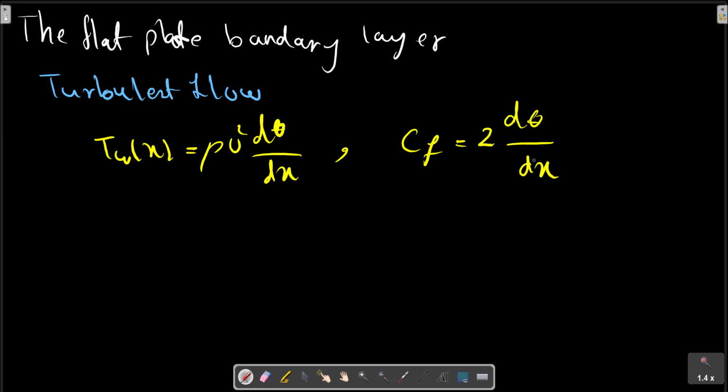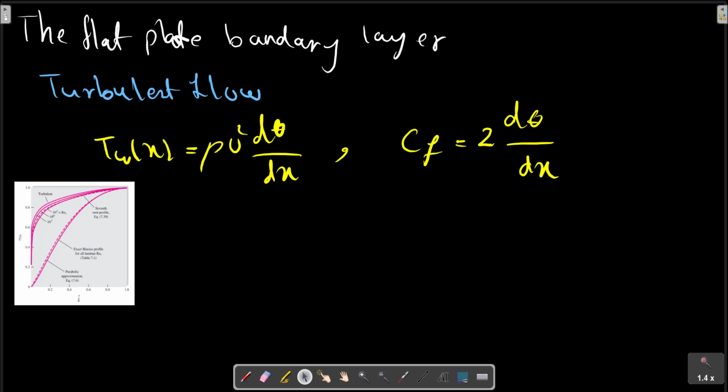Now, if we consider the figure for the turbulent flow profile as this provided picture, the turbulent profiles are nowhere near parabolic.